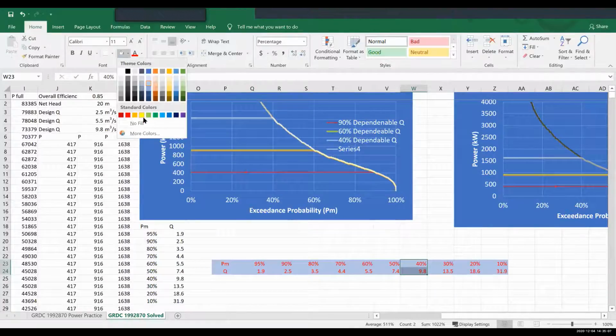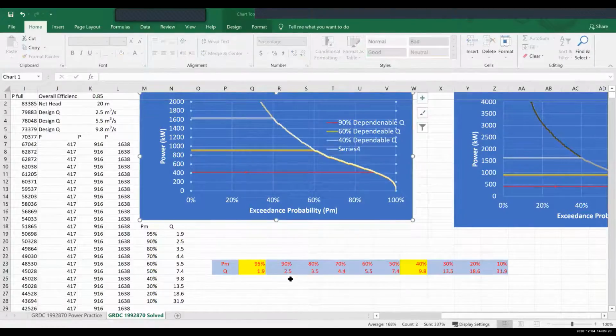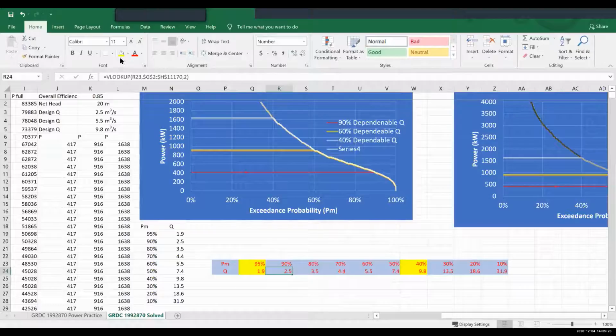So now the question becomes, if you design this project for 90%, you will use a 2.5 design discharge. If you use a design discharge of 2.5, you get about 400 kilowatts if you consider a 20-meter head.